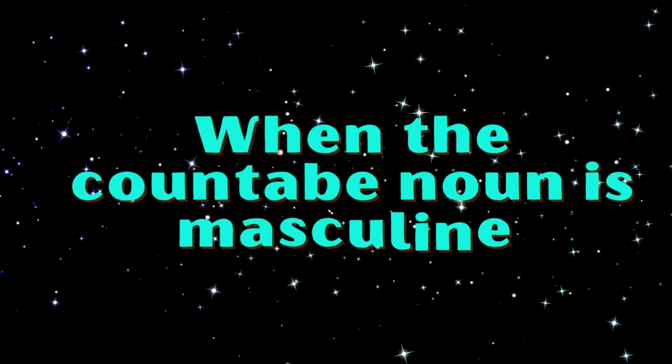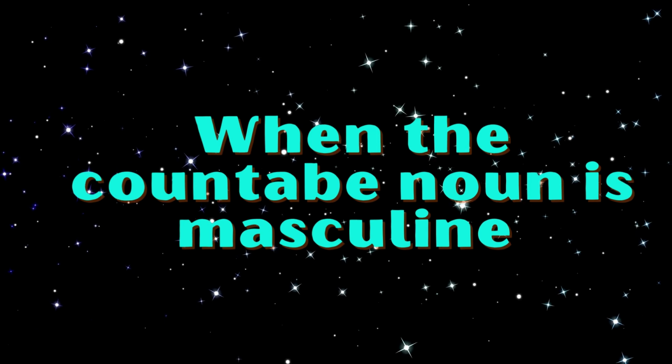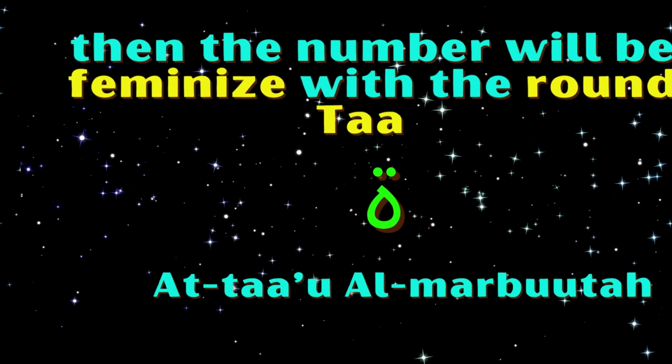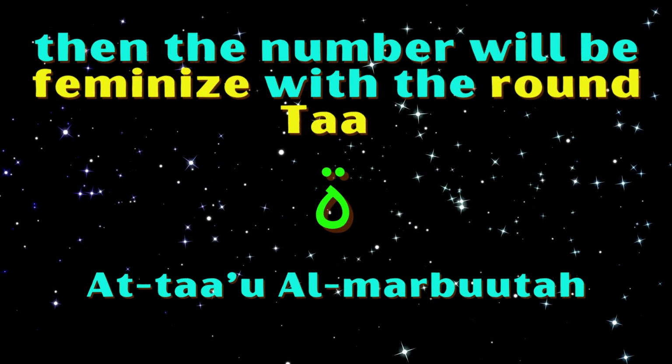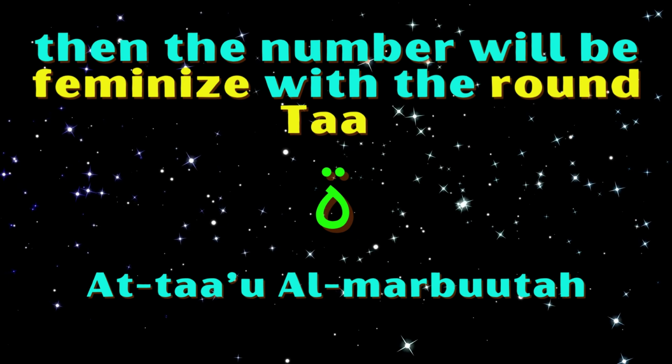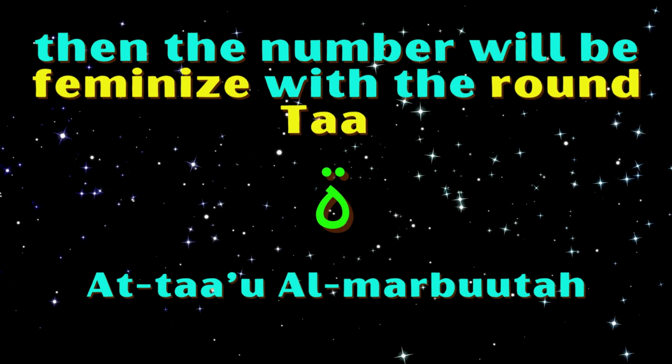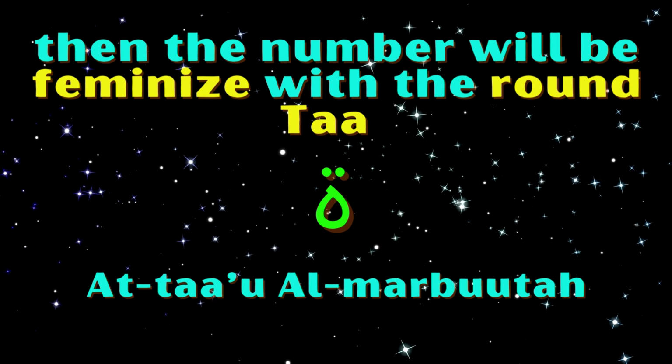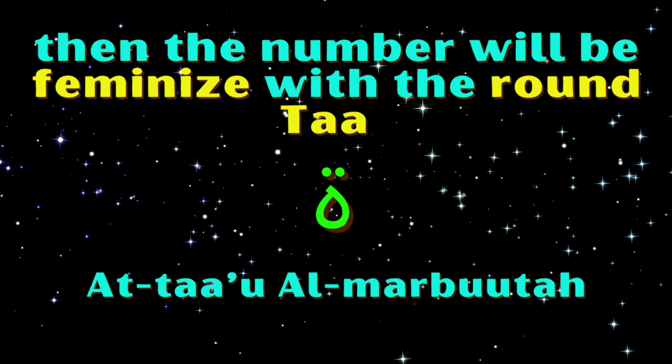When the countable noun is masculine, then the number will be feminized with a round ta, which is called at-ta marbuta, starting from 3 to 10.